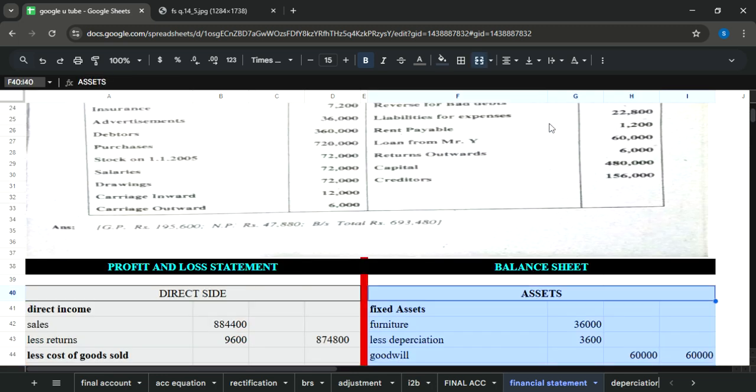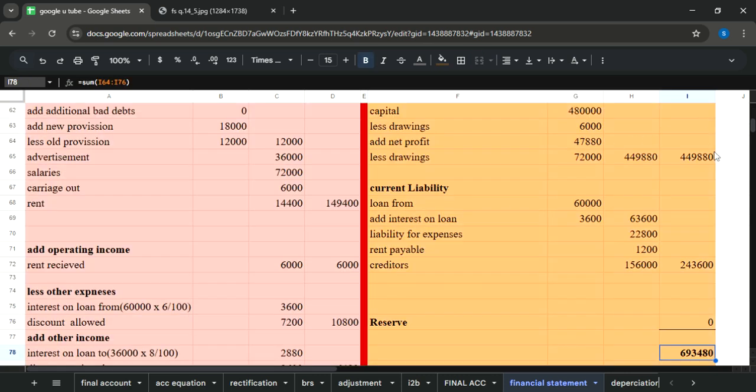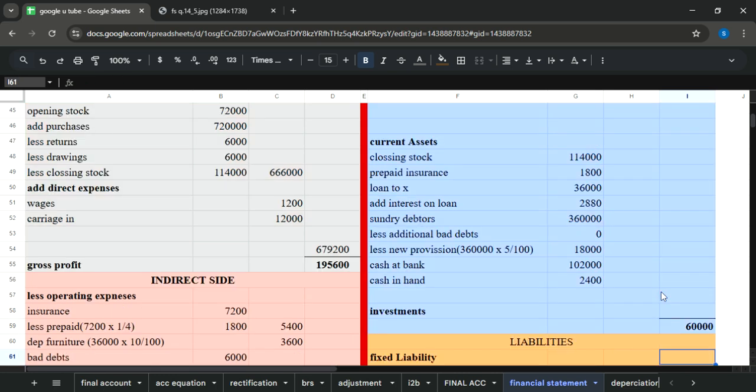Here you can see 693,480. What we have done, we have taken the sum of fixed liabilities, current liabilities and reserve. Reserve was not present. So 693,480, liability side is completed. It means 3 parts out of 4 completed. The only thing left is our asset side.